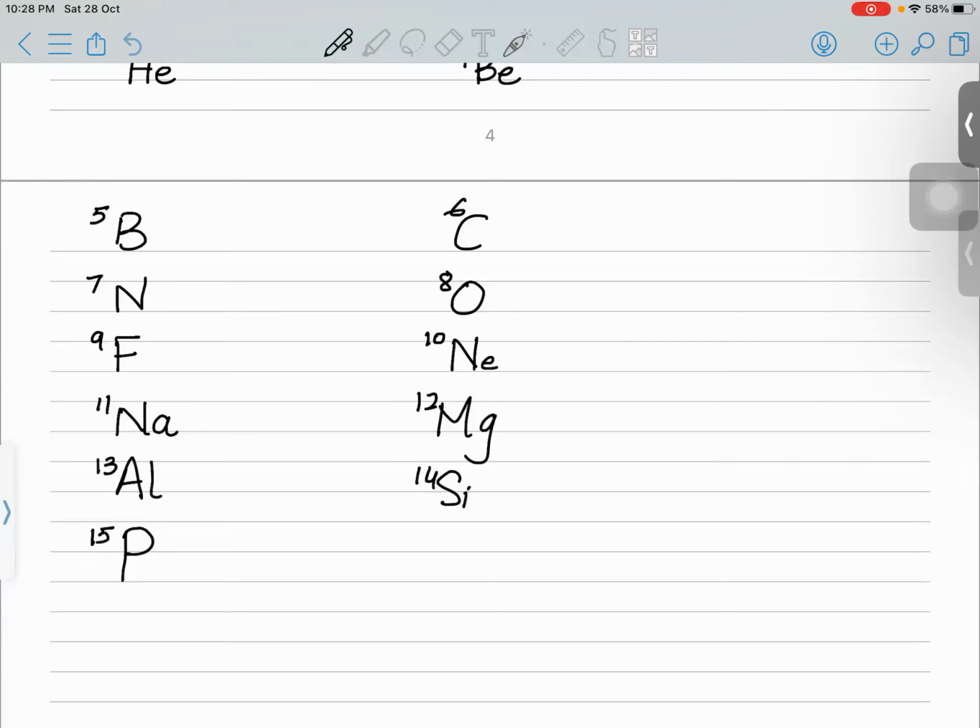Phosphorus is 15. Sulfur is 16. Chlorine is 17. Argon is 18. Potassium is 19. Calcium is 20.